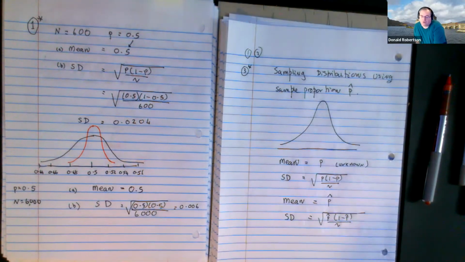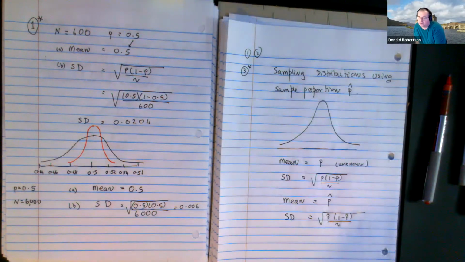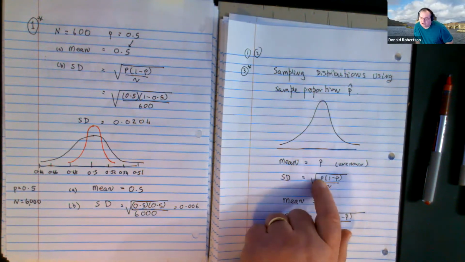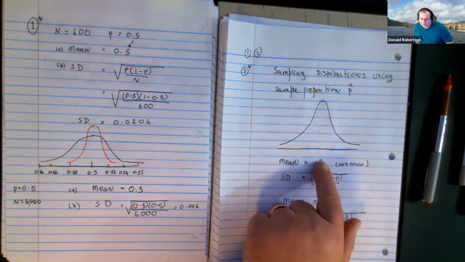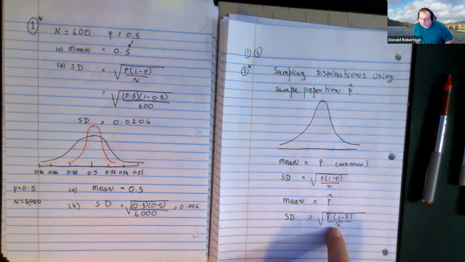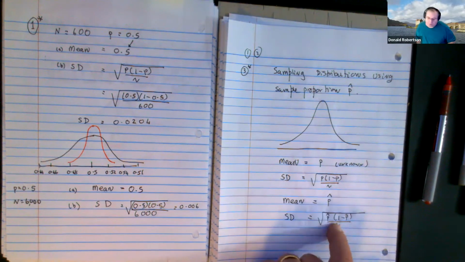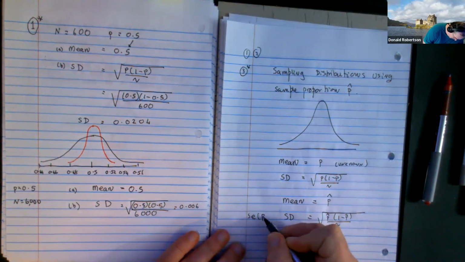Would you agree, if you don't know p, but you do know what the sample is, right? You took a sample and p hat was 0.4. Isn't the best you can do that the mean's probably close to 0.4 and the standard deviation would be this guy? So it's the same formula, but you notice it's not p's we're using, it's the sample number, because we don't know p, right? In real life, we just know the sample. This fella is called the standard error.